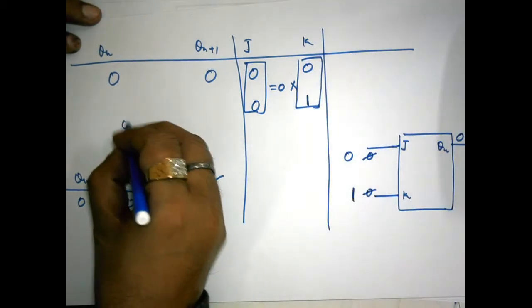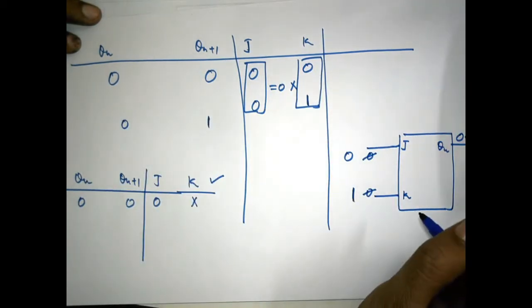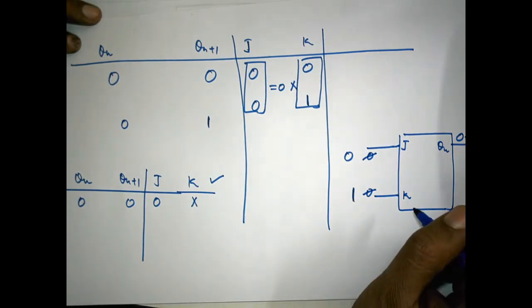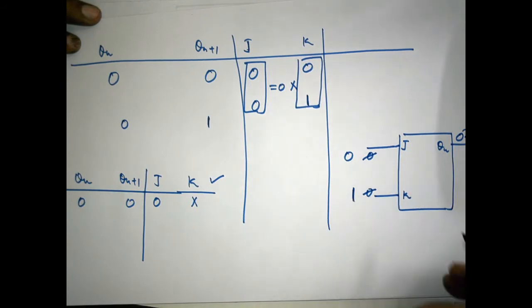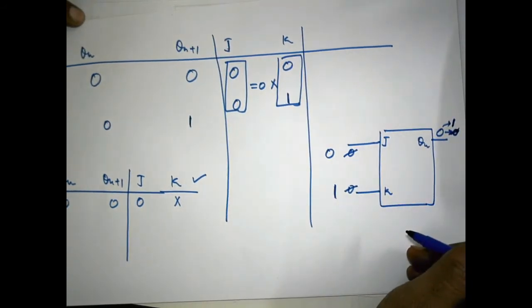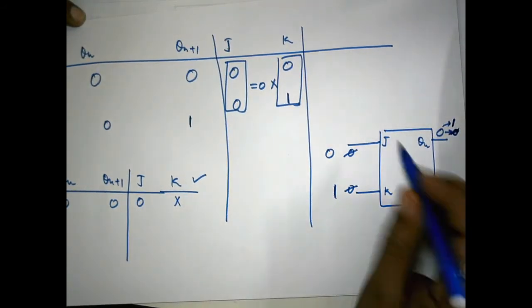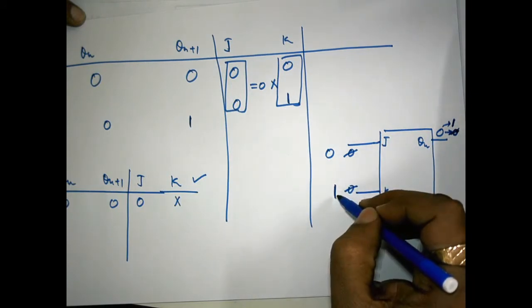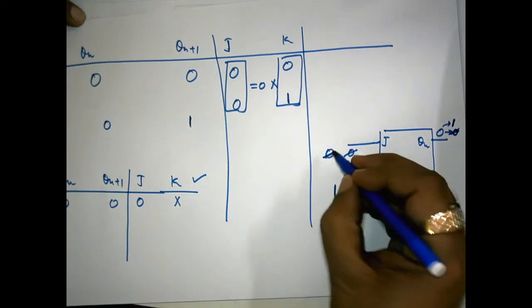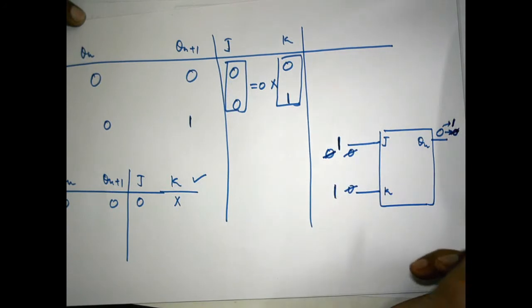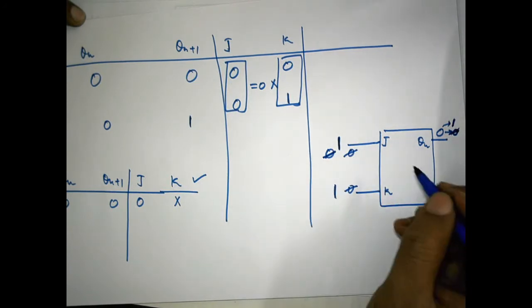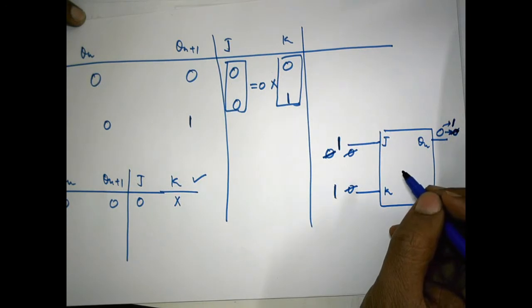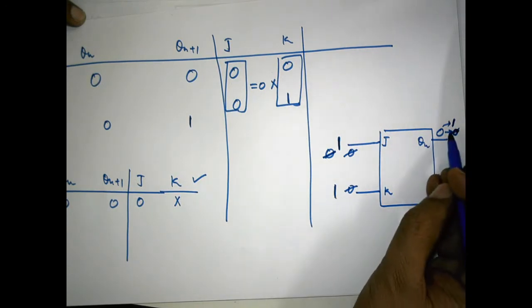Suppose we are willing to make this transition, where 0 is at the input but we are willing to make it 1 in the next state. What should be applied over here? It is a toggle type behavior, so 1 1 applied at the input can do this change.